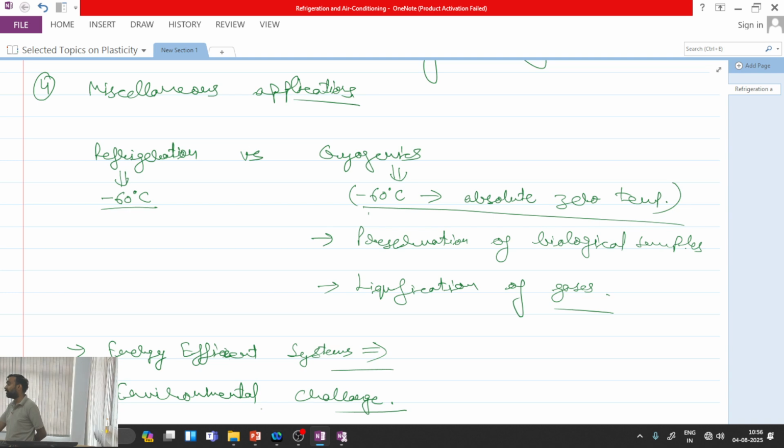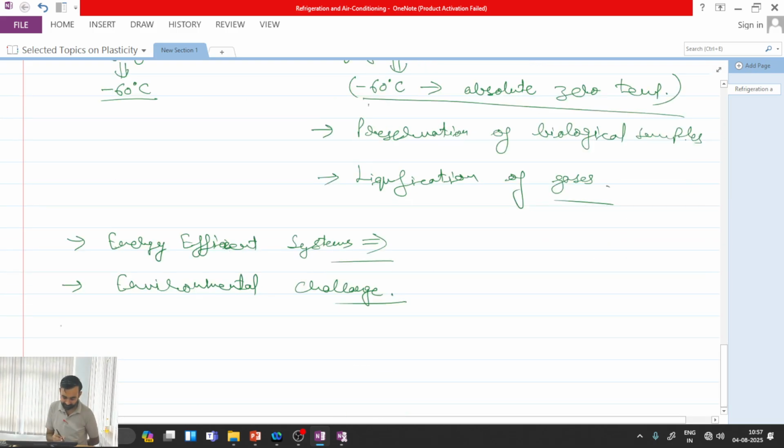So CFCs were the significant contributors for depletion of the ozone layers. So nowadays we are designing the systems where we are actually not using the CFCs as refrigerants. Okay, so energy efficiency and environmental challenge, in addition to one more constraint, which is cost, which comes from economics.